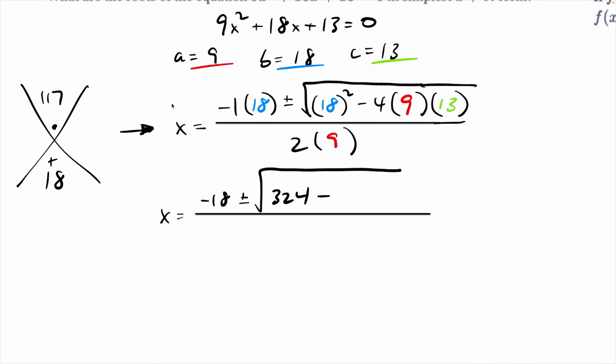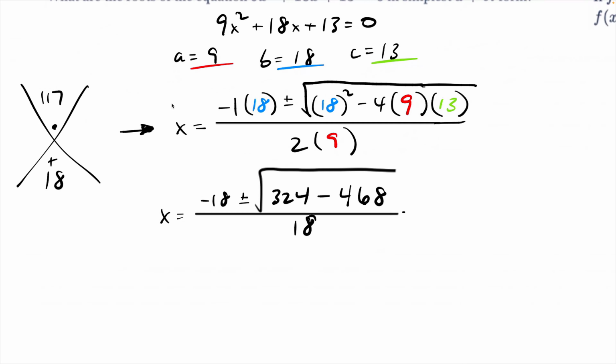So no, multiply first, and then subtract. Yeah, multiply first. Great question. Do I subtract 4? After you multiply. I multiply and then subtract, yeah. 4 times 9 times 13 is 400 and something, 468. And then 2 times 9 is 18 on the bottom.